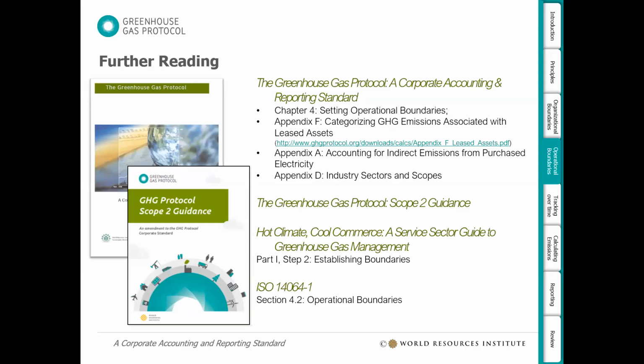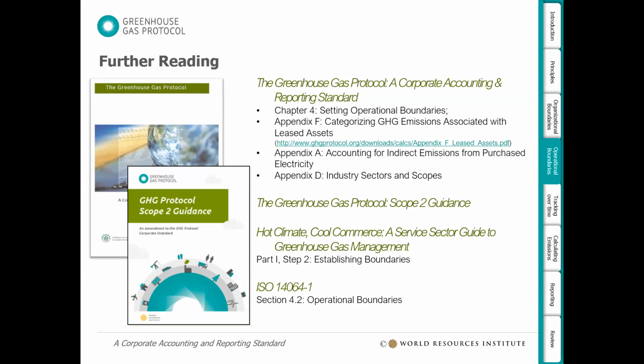Okay, let me pause for a second and see if there are any questions. We have a couple of questions relating to leased assets. One question asks, under operational control approach, would the company account for electricity usage in Scope 2 for leased office space?